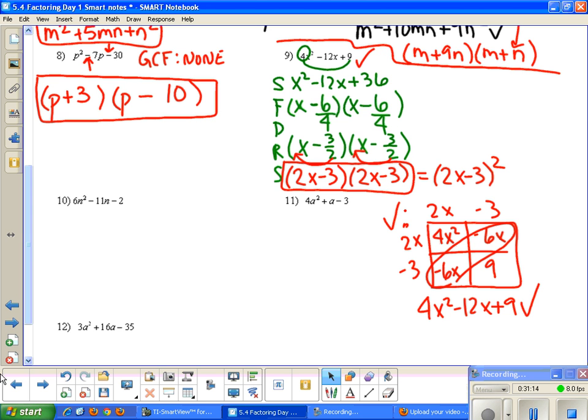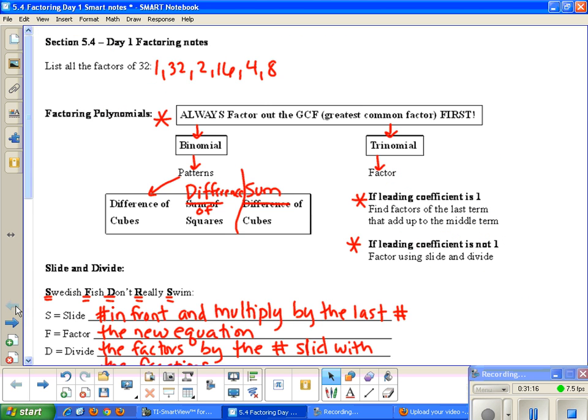And just to go back to the beginning, remember that the first thing you always want to do is factor out the greatest common factor. If it's a binomial, eventually we'll look for patterns, which we're not going to do yet, so you don't have to worry about that. The patterns are difference of cubes, difference of squares, and the sum of cubes.